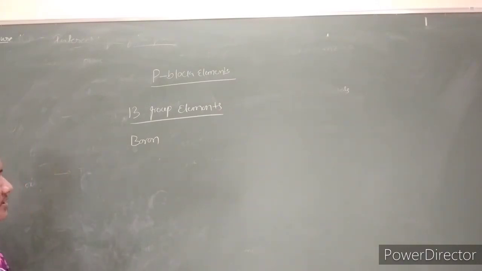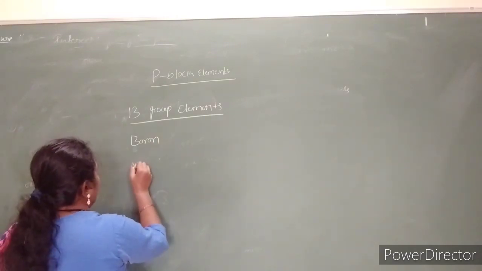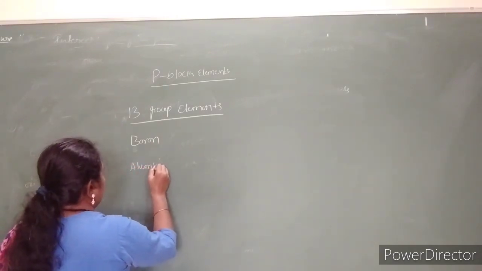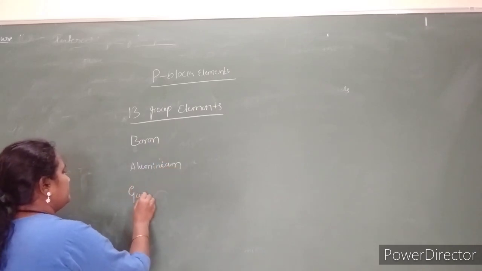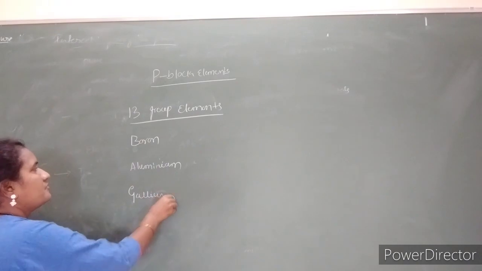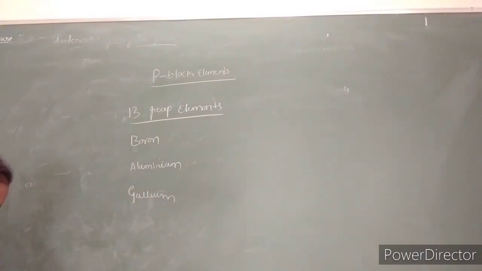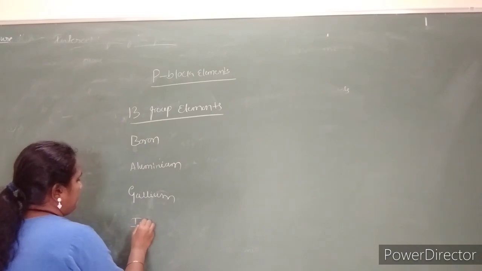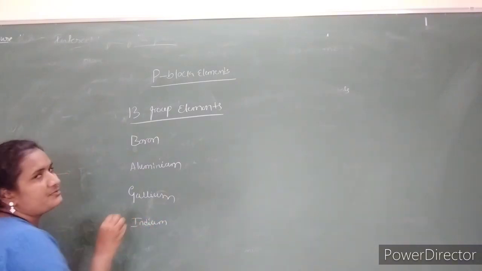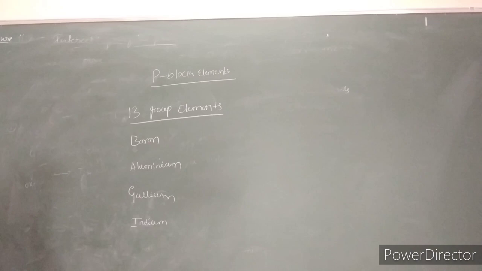The second element of this group is aluminium. The third element of this group is gallium. The fourth one is indium, and the fifth one is thallium.